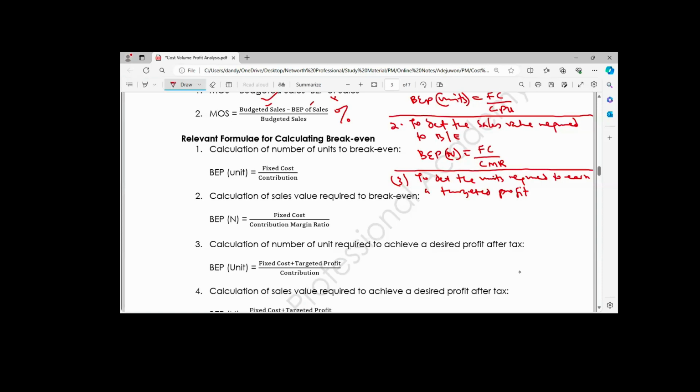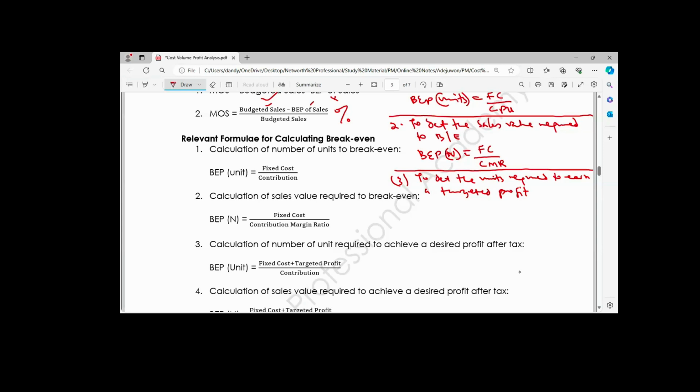But you may want to have a desired or targeted profit. As management, I may want to know how many units I need to produce to earn a targeted profit of 100 billion naira.